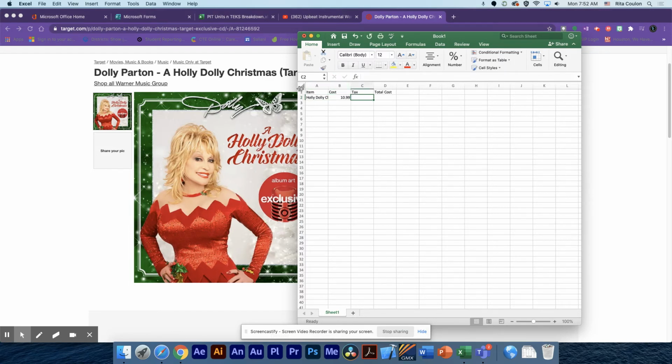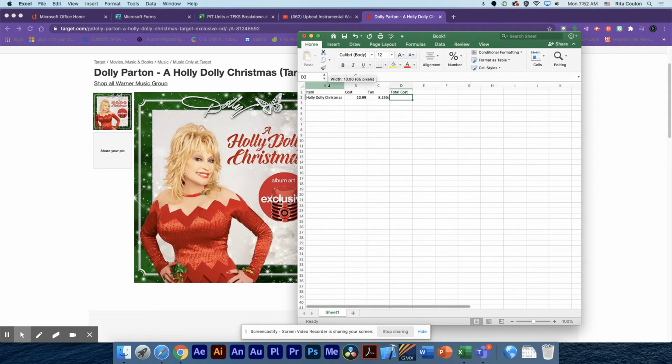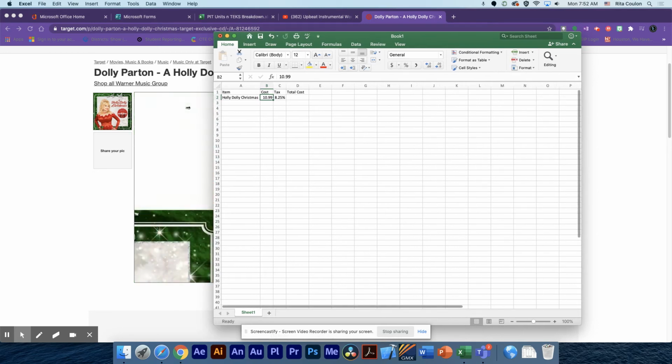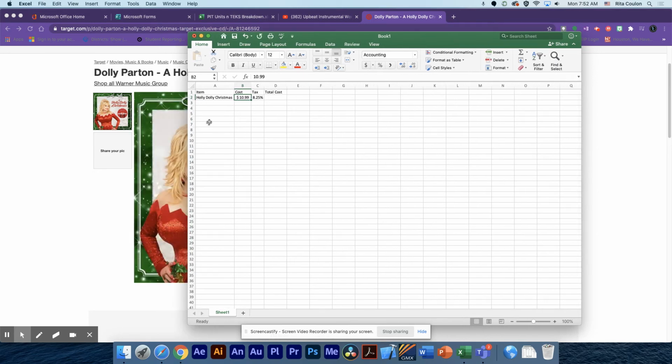So there are several things you're going to do here. The tax is 8.25%. After you get everything done, you can actually format your cells. I know this is money, so I am going to format my cells. Everything in here is going to be money, and then this is my tax rate.